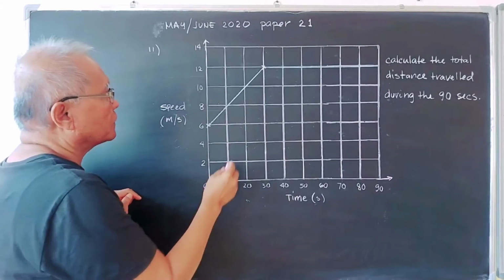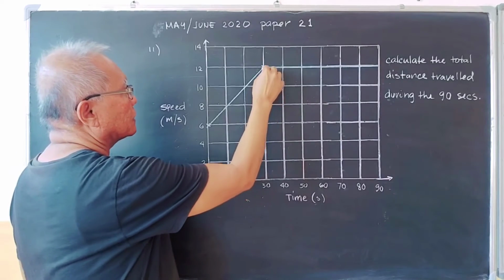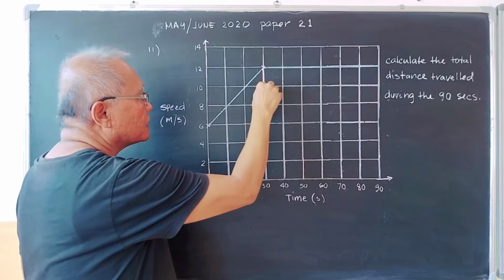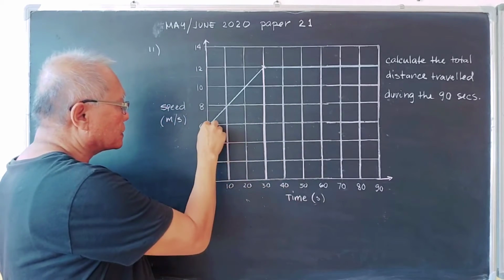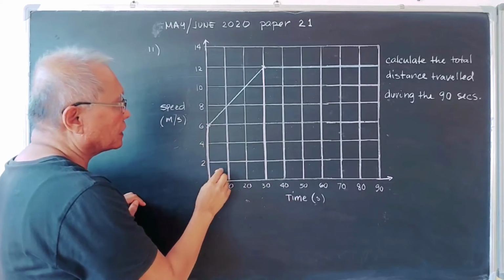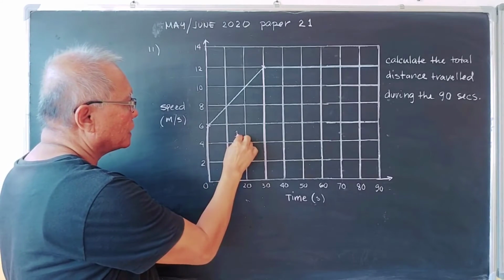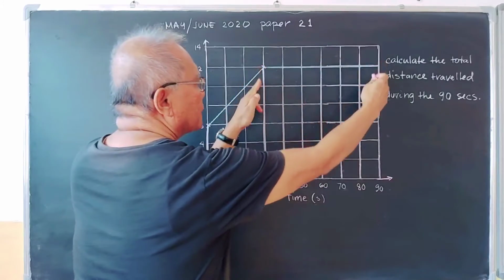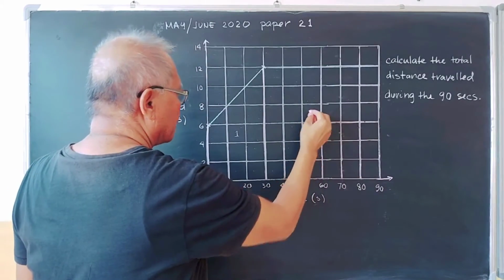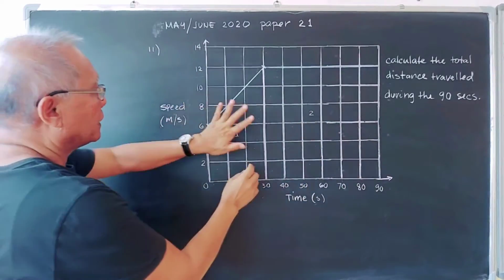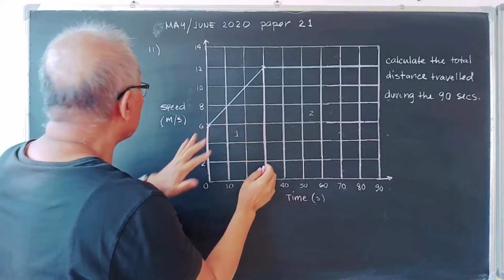So the first one is we have this area. Let us divide or cut this into two areas. We have the first area here, area 1, and the second one is a rectangle, so let us call this area 2. For area 1, what is the shape of this one?